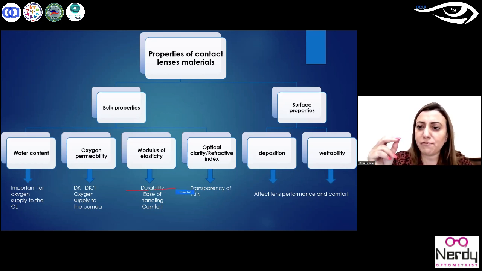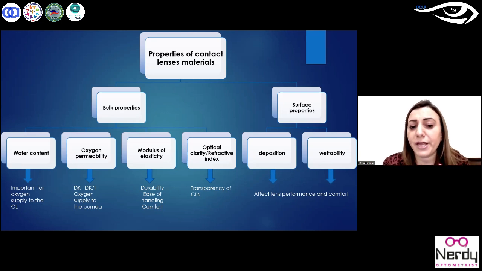If you compare hydrogel with silicone hydrogel, and you had to touch them, of course, when you fit contact lenses, you will notice that silicone hydrogel is stiffer. That's why they are more durable than hydrogel contact lenses, and people like it because it's easy to handle.